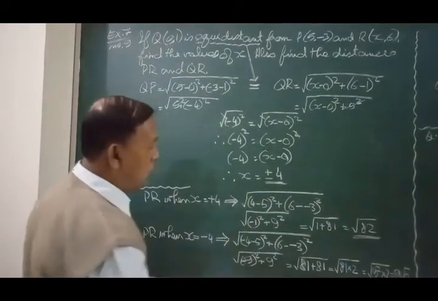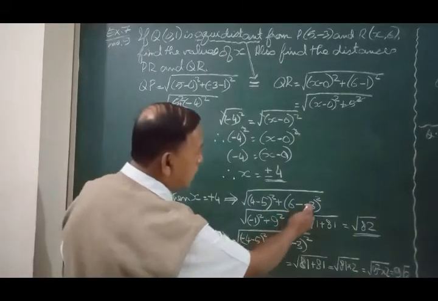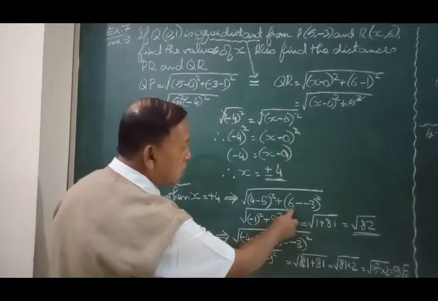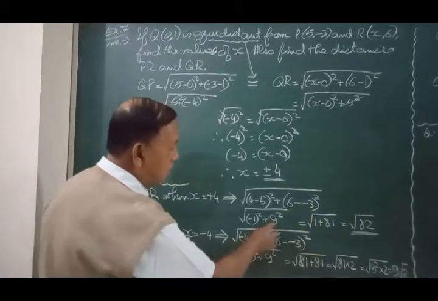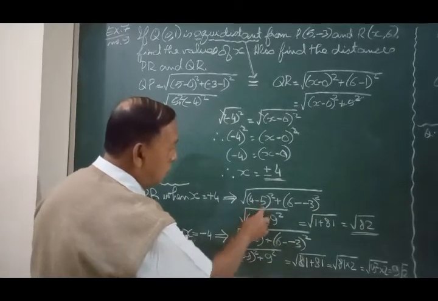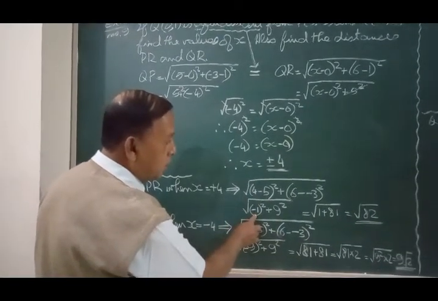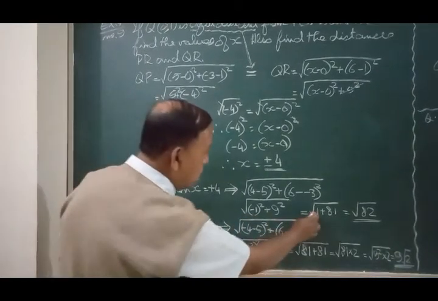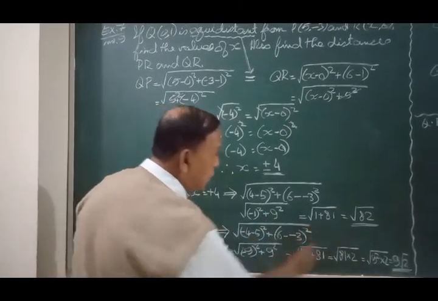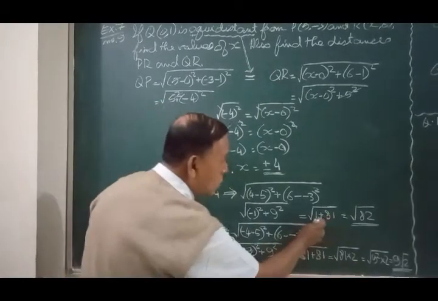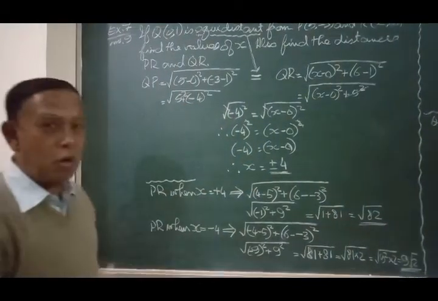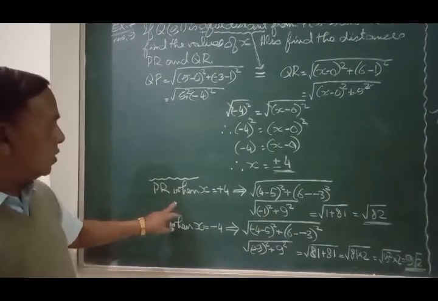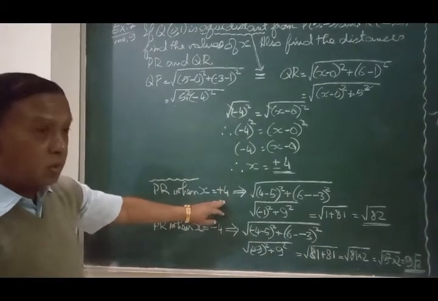Here double minus becomes plus, 6 plus 3, 9. 4 minus 5 minus 1. And that is equal to 9 into 9, 81. 81 plus 1, 82. Square root 82. That is when x is +4.